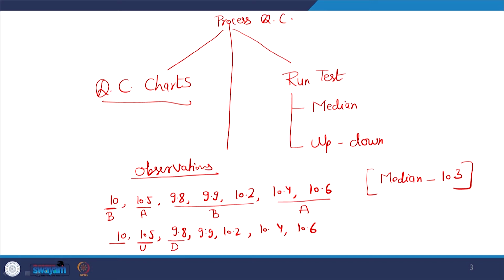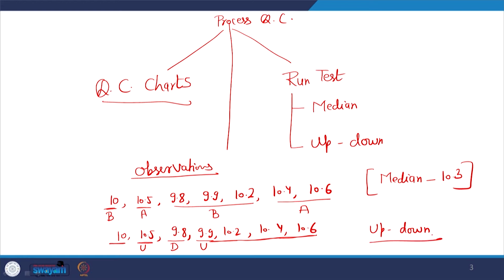Then 9.9 is above 9.8, it is up. Then 10.2, so this is also up. 10.4 is also higher than 10.2 and 10.6 is also higher than 10.4. So, all these are under the same line of U. So, these are the different runs with respect to the up and down system.